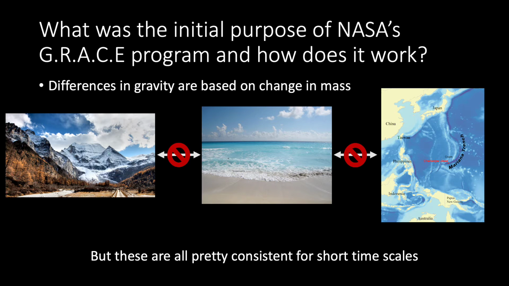So why does this work? Well, gravity is based on mass, and Earth's surface is not a uniform, featureless surface. There are mountains, oceans, and deep trenches, as you can see in these photos, all of which have different crustal mass and density. These differences in mass lead to differential gravitational fields at different points on Earth's surface.